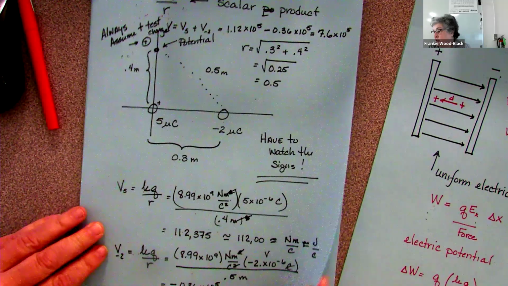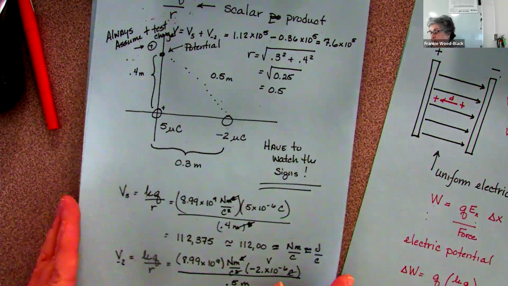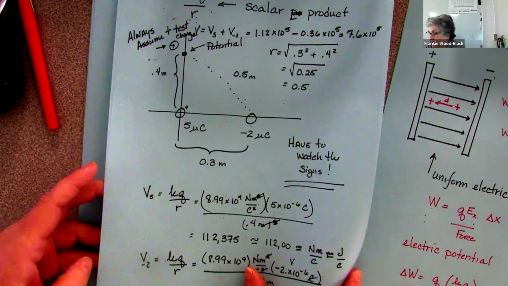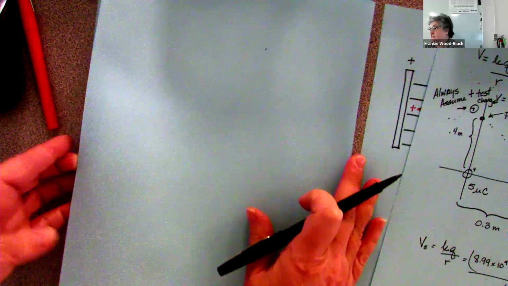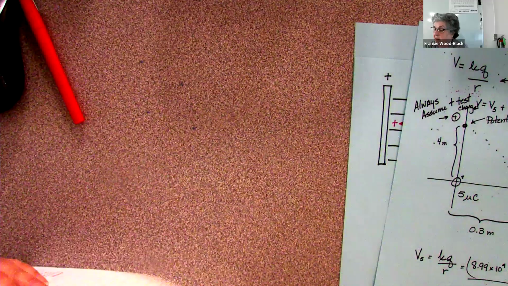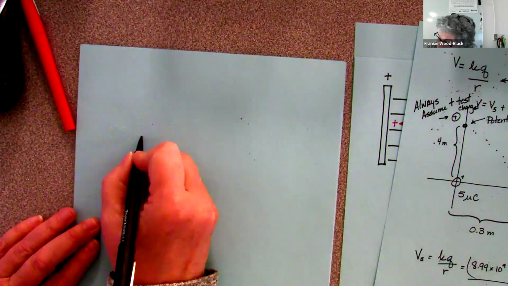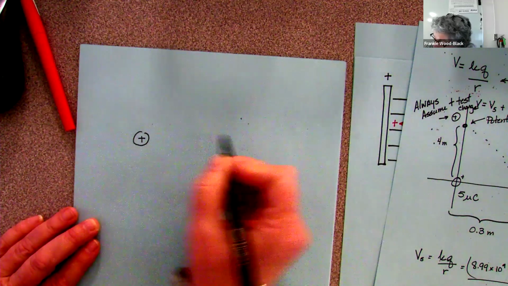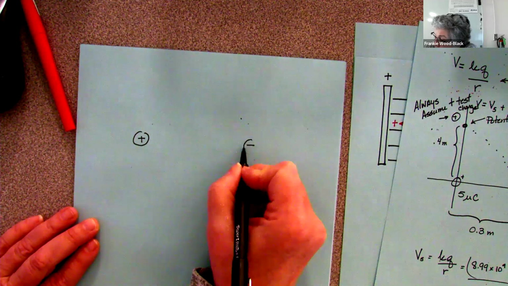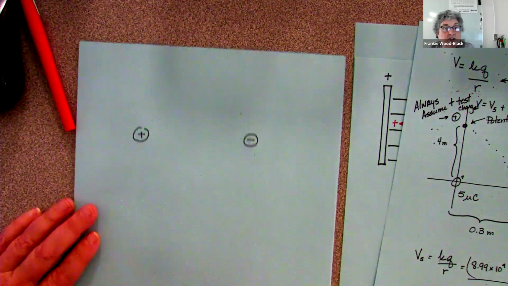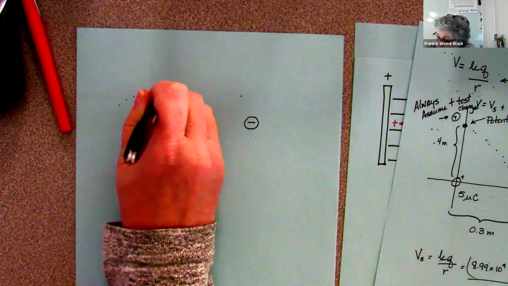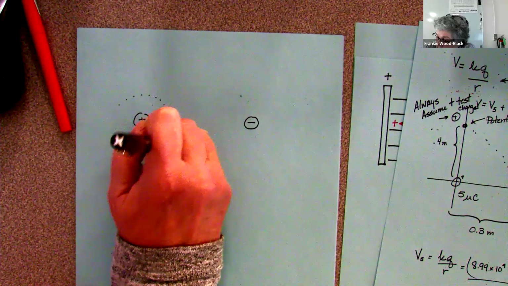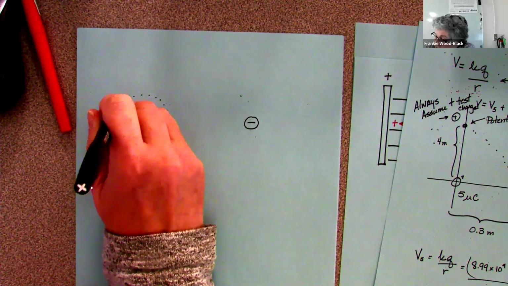Now, one of the things that you're doing in your lab is you're coming up with lines of equal potential. So let's look at that for a second. If I have a positive charge and I have a negative charge, and you guys are going to actually do this in your simulation, if I look for lines of equal potential, I'm going to get lines that look like this.